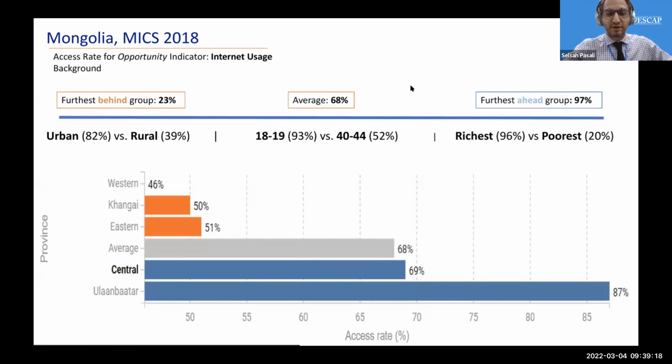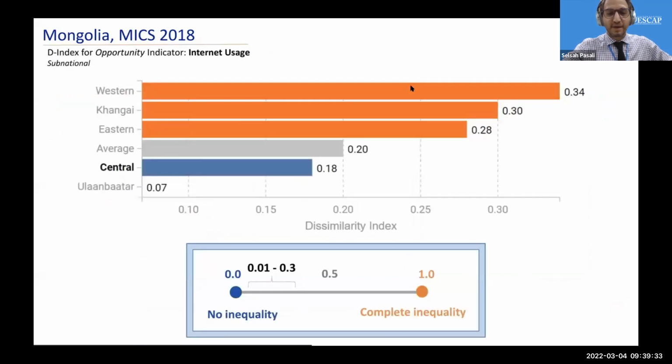From yesterday's exploration. But what about having a single statistic for inequality in using the internet based on all circumstances and not just overall averages? That's where the D-index comes in. So let's look at this bar chart closely. On average, the index at national level, which is the gray bar, is 0.2, which falls right where we expect the index to fall in general, as we showed you earlier.